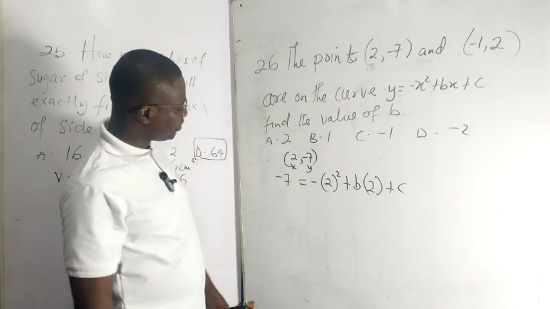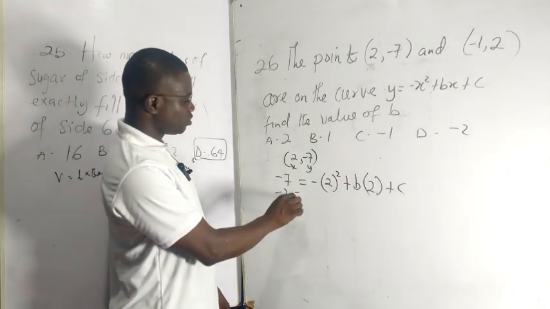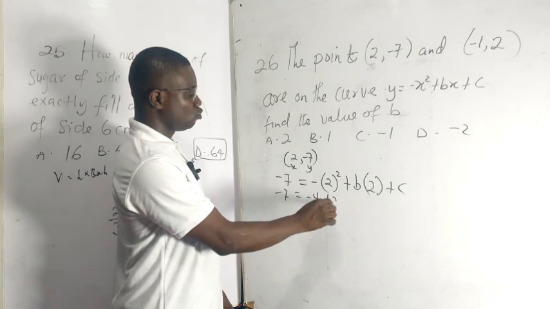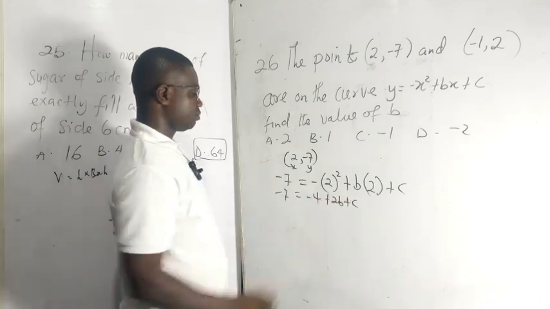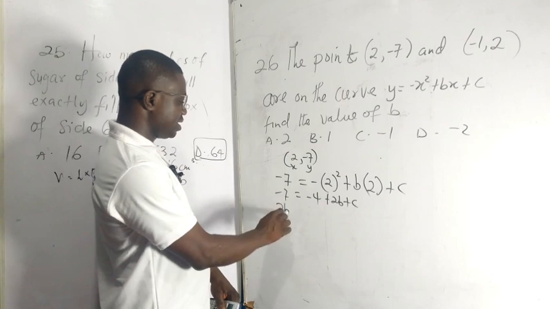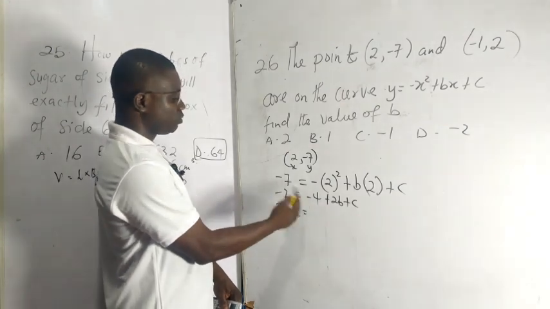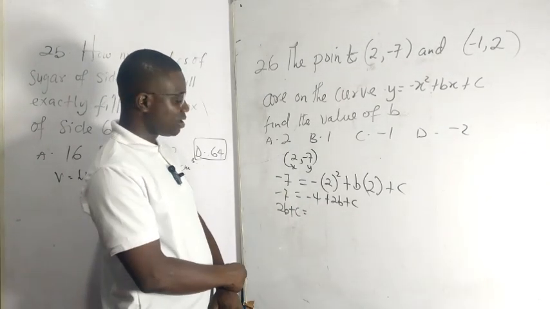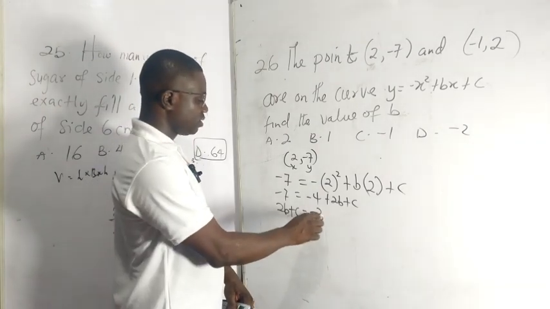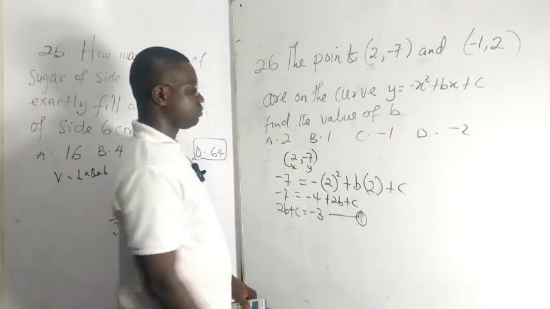Now let's do this simplification. You have minus 7 is equal to 2 squared is 4, so minus 4 plus 2b plus c. Let's simplify the arithmetic. We bring the 2b plus c, then let's move this one to here. That is minus 7 plus 4, which will give you minus 3. So this is the first equation.